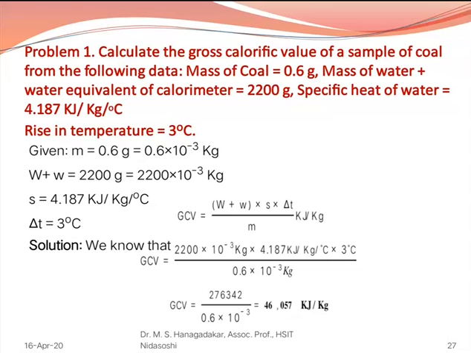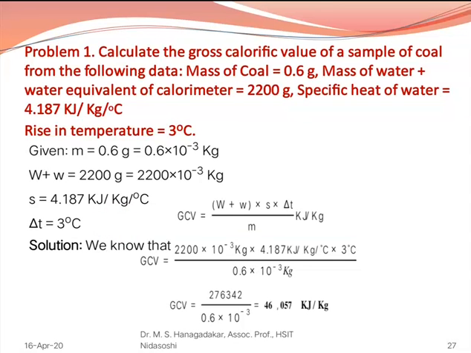Then mass of water and copper calorimeter is equal to 2200 grams, that is equal to 2200 multiplied by 10 raised to minus 3 kg. Then specific heat of water remains constant, that is 4.187 kilojoules per kg per degree Celsius. Then change in temperature or rise in temperature is 3 degrees Celsius.